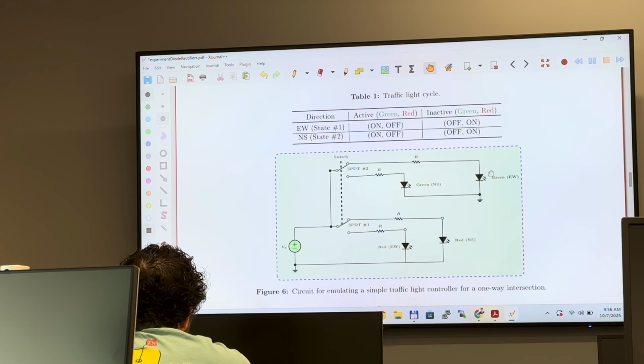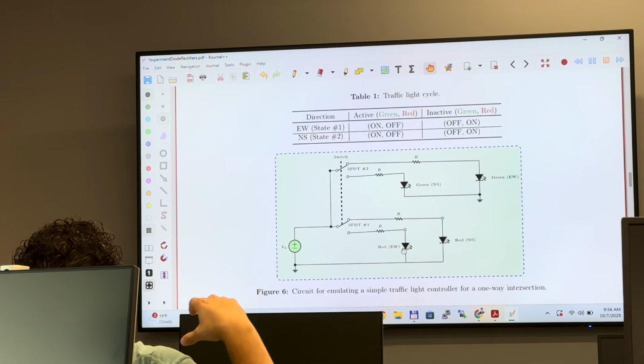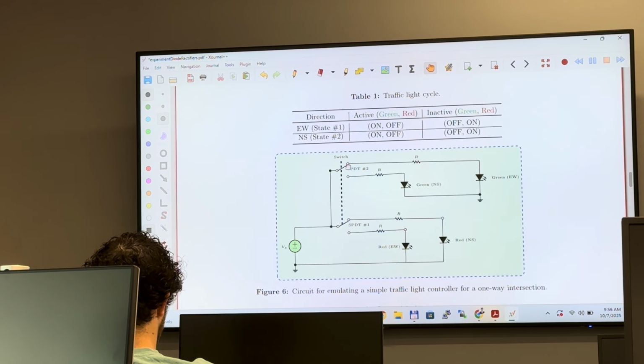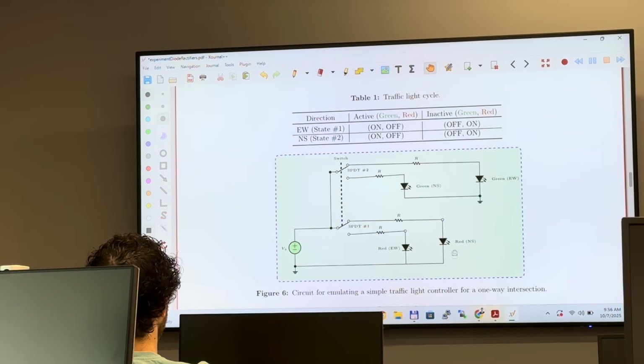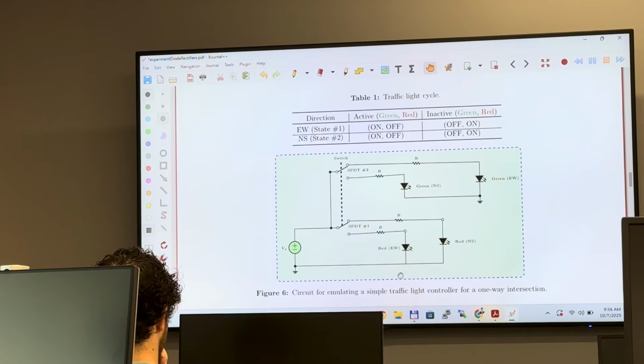In one direction green will be on, and in the other direction red will be on. If you flip the switch, you will see that green is going to be on in north-south, and in east-west, red is going to be on.